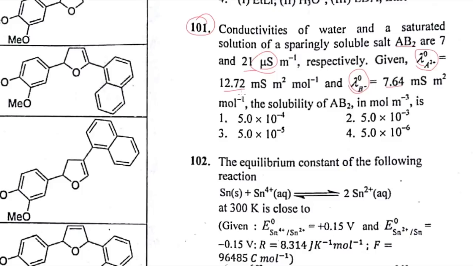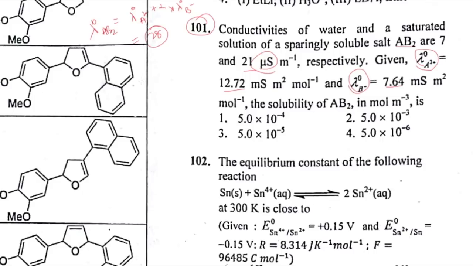First of all, you have to use Kohlrausch's law: lambda naught of AB2 equals lambda naught of A2 plus plus twice lambda naught of B minus. Now just put them in and solve, and you are going to get 28 something.